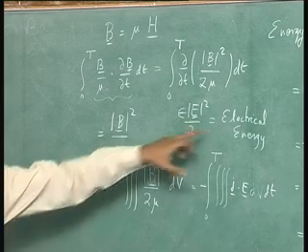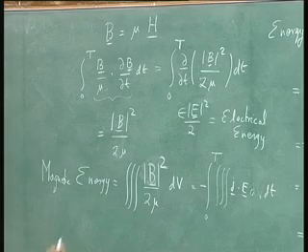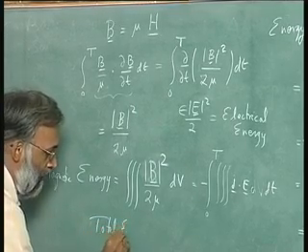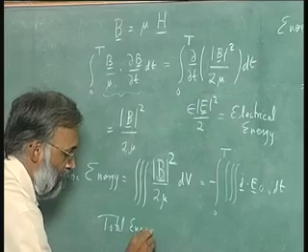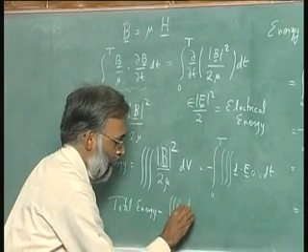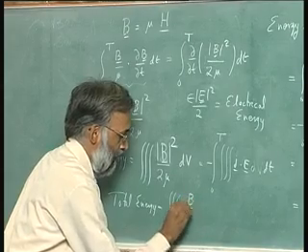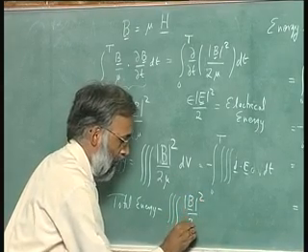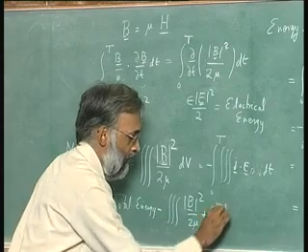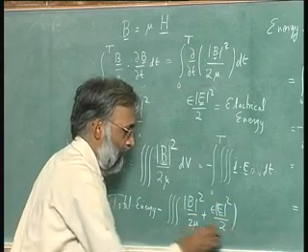And when you have both of these, then of course, your total energy is equal to volume integral B squared over 2 mu plus epsilon E squared over 2.